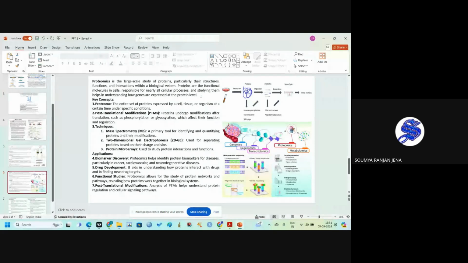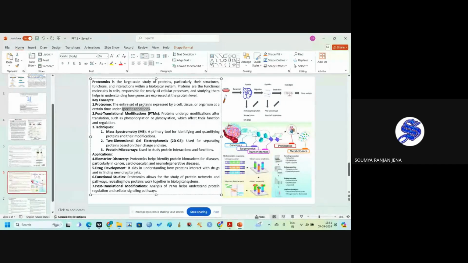Then, if you go to what is proteome, the proteome is the entire set of proteins expressed by a cell or tissue or organism at a certain time under specific conditions, because specific condition is mandatory. If a person is in a stress condition, the protein concentration will also vary.